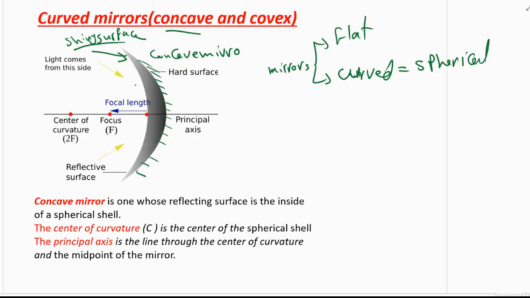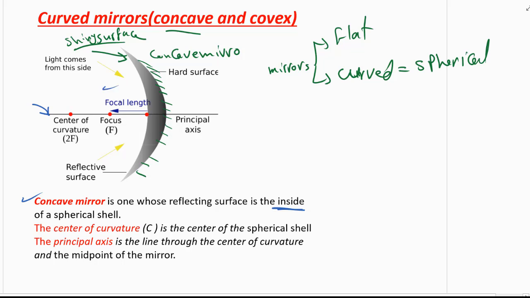So now let's see together, what is the concave mirror? Actually, a concave mirror is a curved mirror whose reflecting surface is the inside of a spherical shell. So this is the inside, the reflecting surface. Then we have this ray or this axis in the middle of the mirror, which divides the mirror into two halves.